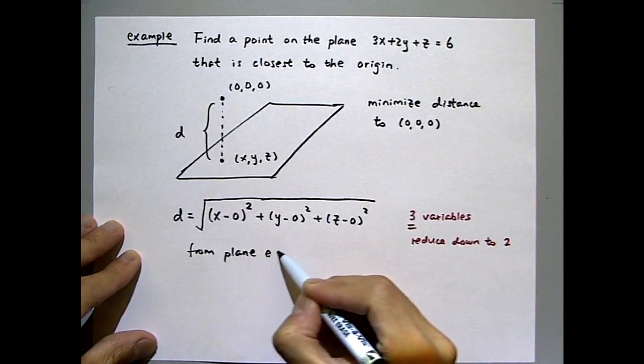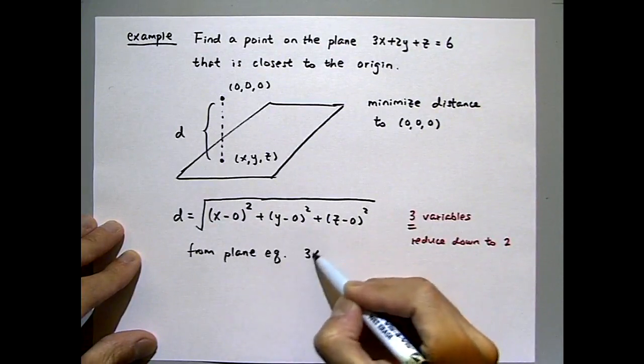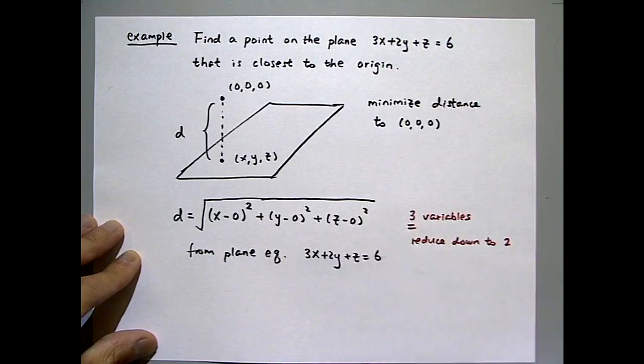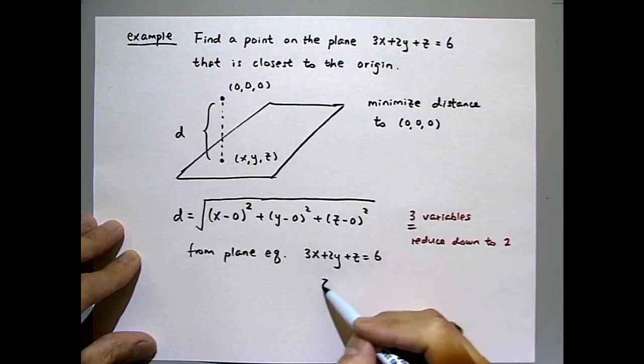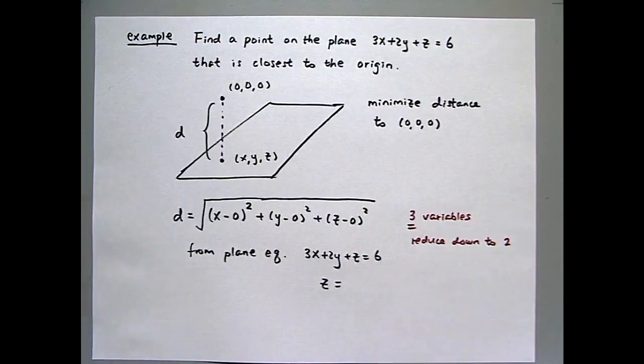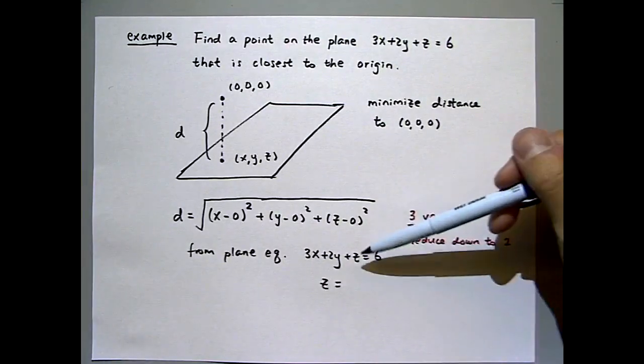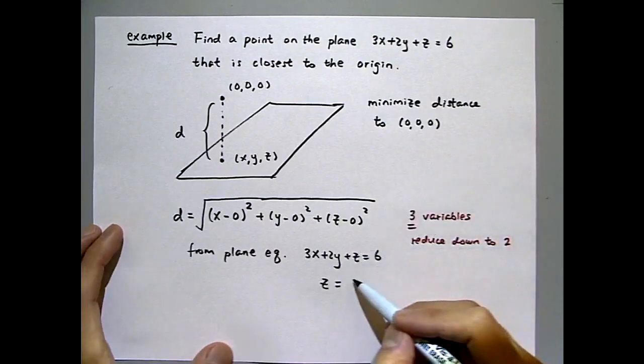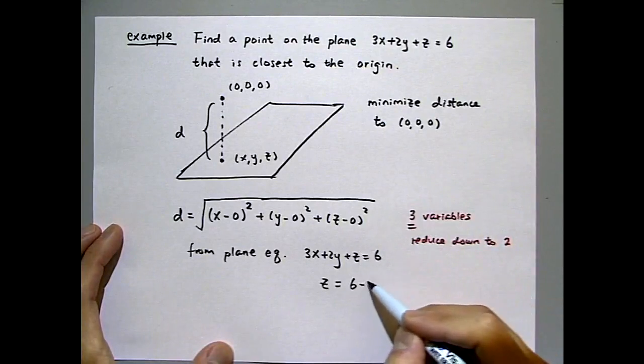All right, so let's take the plane equation, 3x plus 2y plus z is equal to 6. Solve for one of them, whichever one you want. Here I'm going to solve for z. Z doesn't have a coefficient more than 1, so it'll be the simplest thing to solve for here.